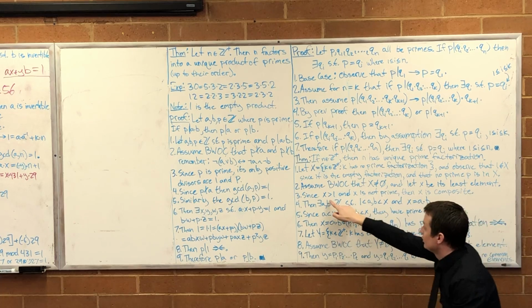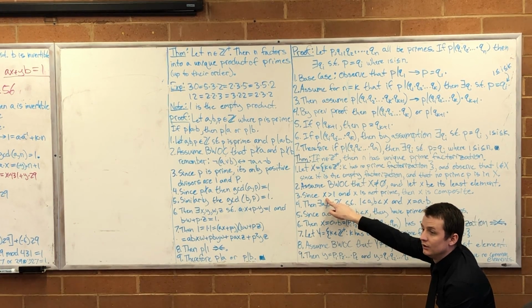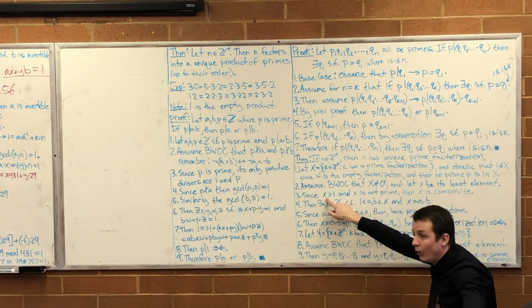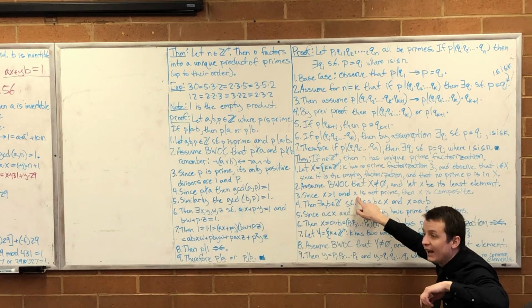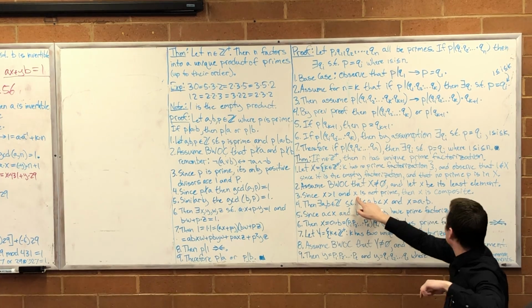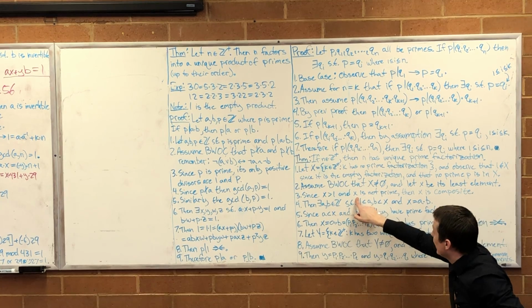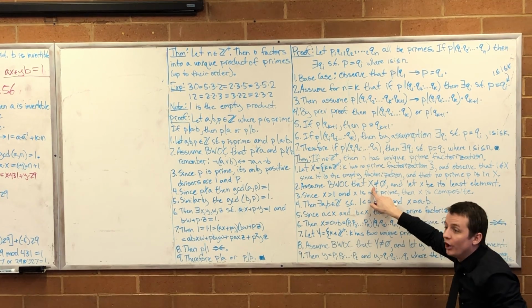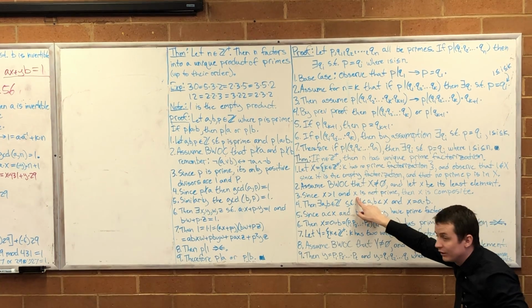Now I know that x is greater than 1 because 1 wasn't in there. x is a positive integer that's not 1, so it has to be greater than 1. And I know that x is not prime because we showed that no prime numbers are in big X. Therefore, little x is greater than 1 and it's not prime.